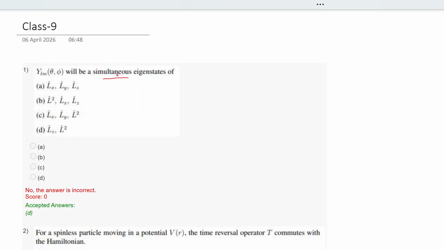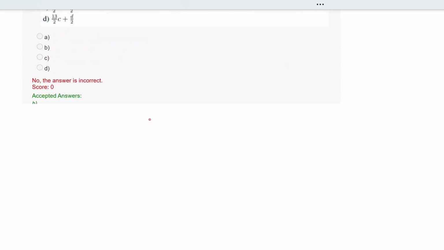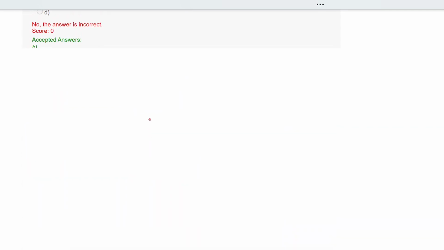Out of these sets, the one that satisfies this commutation relation will have the simultaneous eigenstate. So let us go and write down our answer.